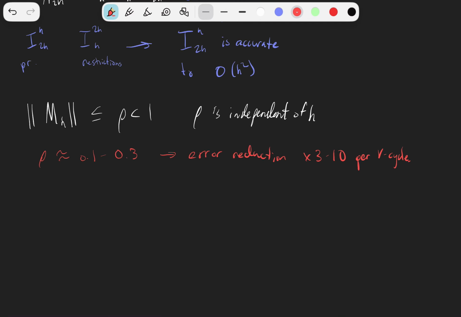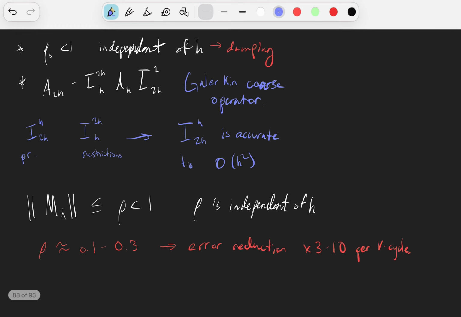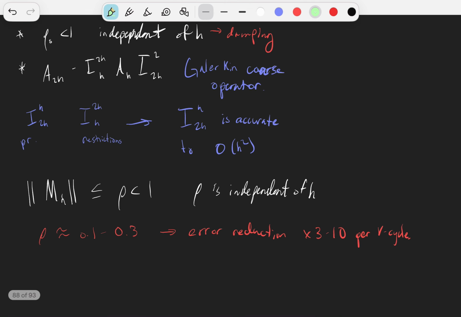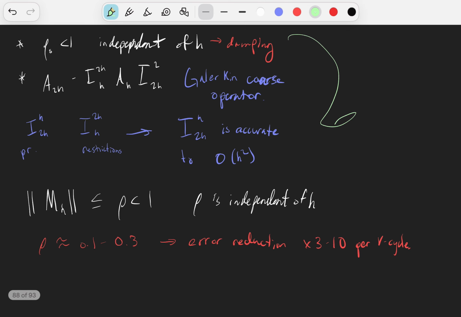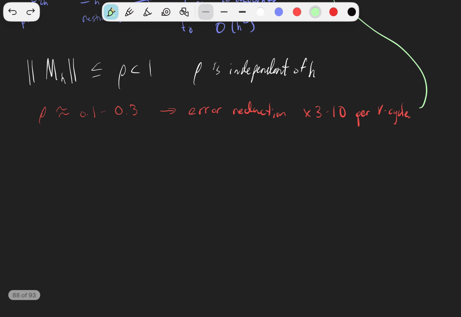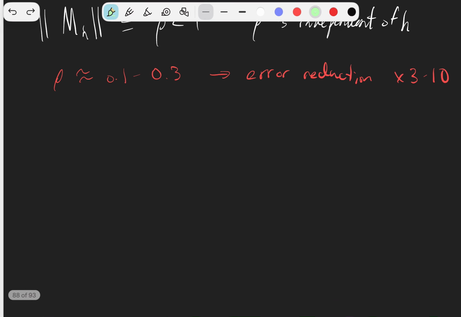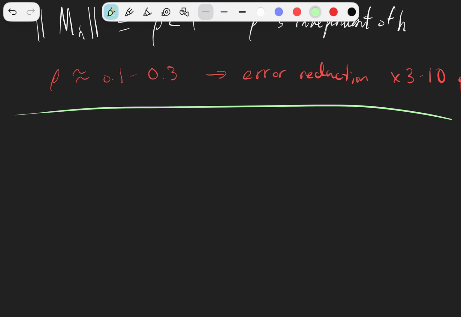And again, in order to prove such a thing, how do we prove that if we have these properties, we will get this? It involves a couple of things, but typically in a little proof sketch, you would take the error and separate it into high and low error, the low error physics happening at that scale.